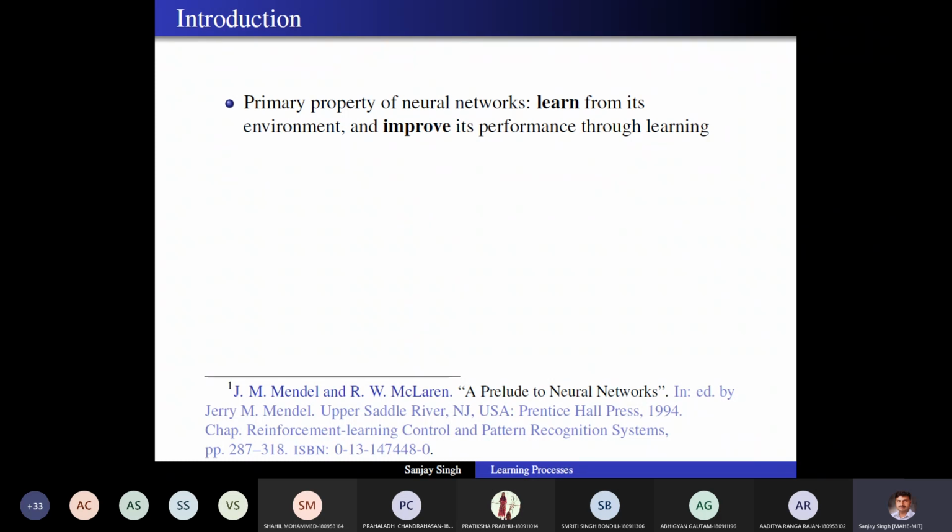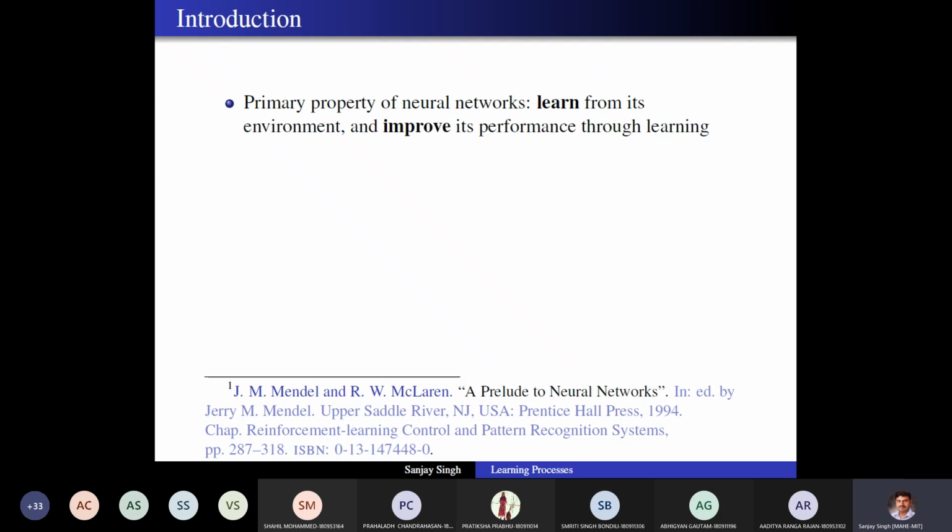Can anyone of you tell me what you mean by environment here? The training set? Training set, yes. Actually I should say it is the problem scenario, which is available in terms of the training examples. So that is the environment.